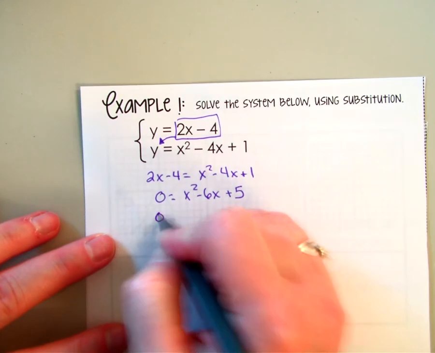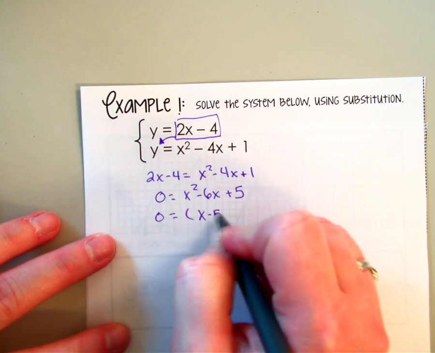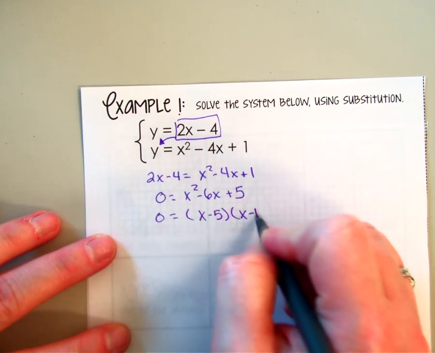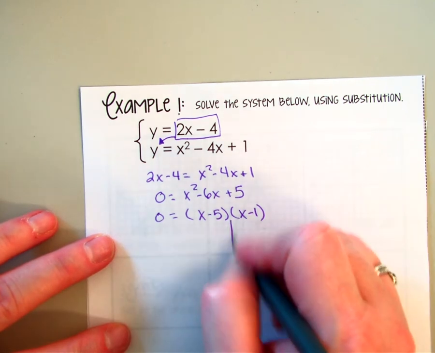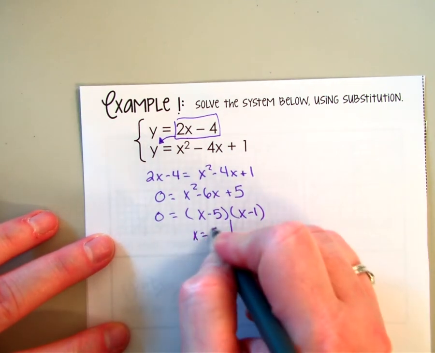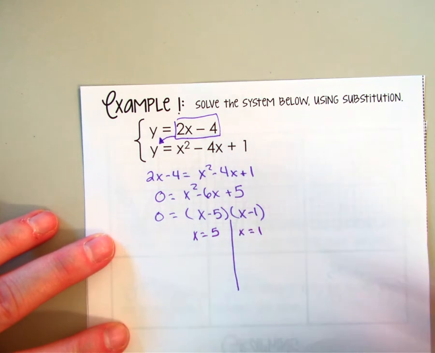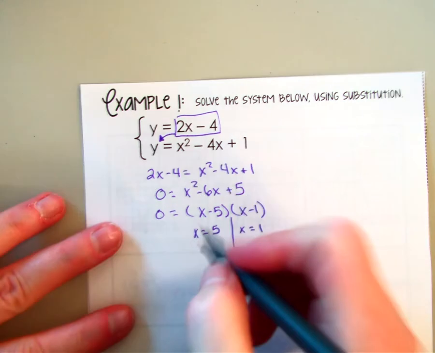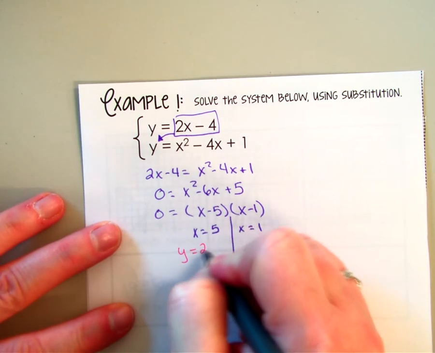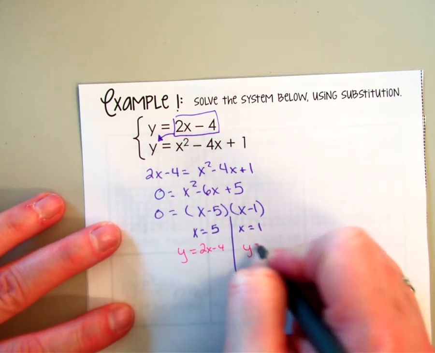So if I factor, I get x minus 5 times x minus 1. Set them both equal to 0, and I end up with 5 and 1 as my x values. So then I'm going to plug those in to be able to get my corresponding y values. I'm going to use my first equation to get my y value because I think that's going to be a little bit easier to use.